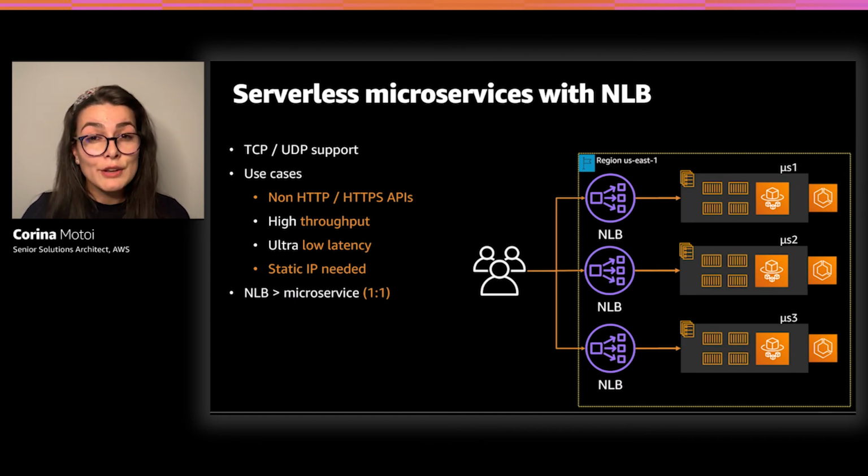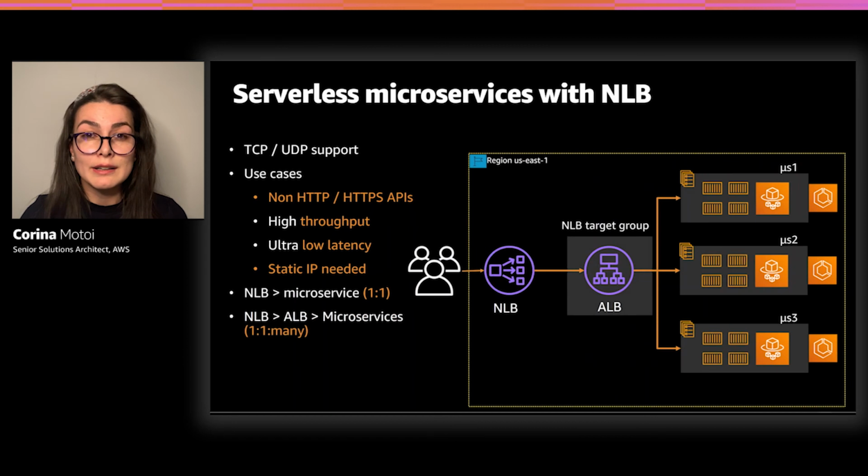So in case you really need a network load balancer for your microservices application, and you need that static IP, one workaround is to have an application load balancer that manages the routing for the requests which are coming from the NLB.